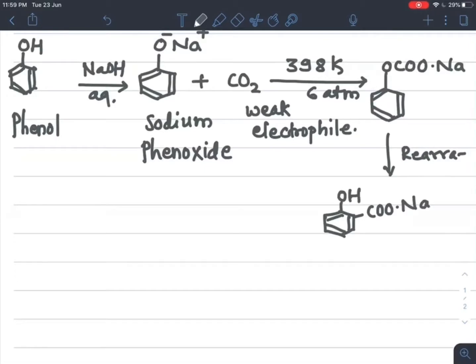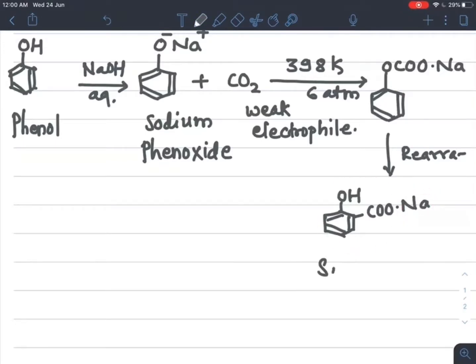The name of this compound is sodium salicylate. Salicylic acid with its H replaced by Na becomes the salt of this acid, sodium salicylate.